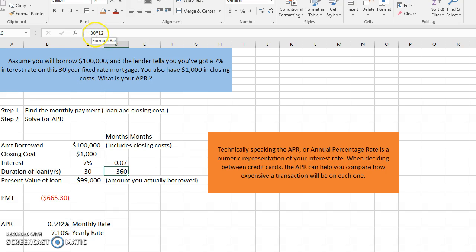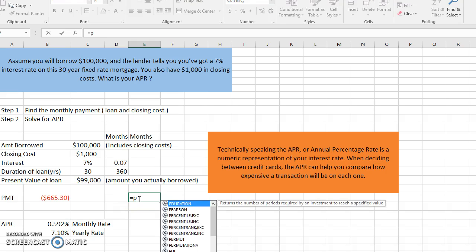All that we do is multiply 30 by 12, and it's 360. The present value of the loan, the money you actually borrowed, is $99,000 because of the closing cost. The total loan is $100,000, but the money you borrowed is $99,000.